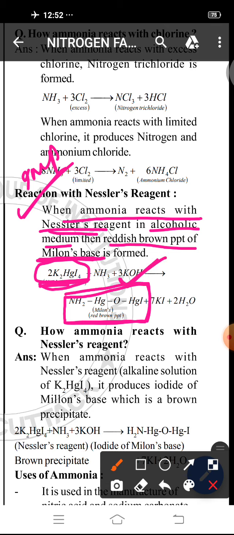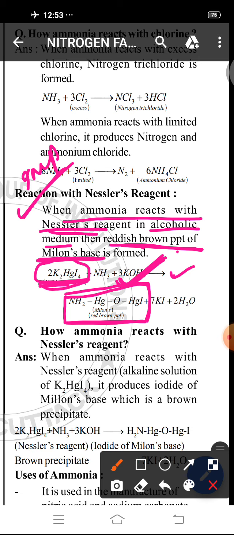Due to formation of Millon's base, a reddish brown precipitate is formed, which confirms the presence of ammonia. So it is a practical experiment taken in the laboratory for confirmation of the ammonium radical.